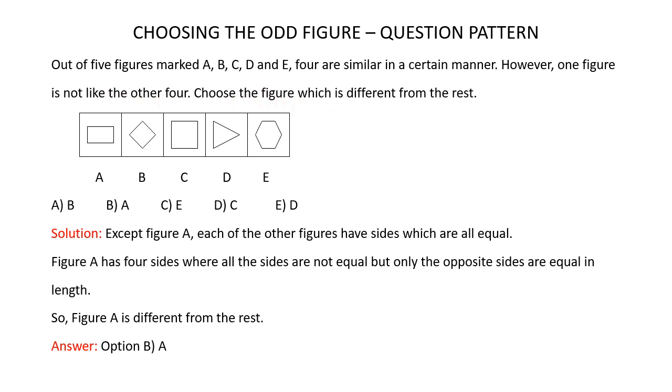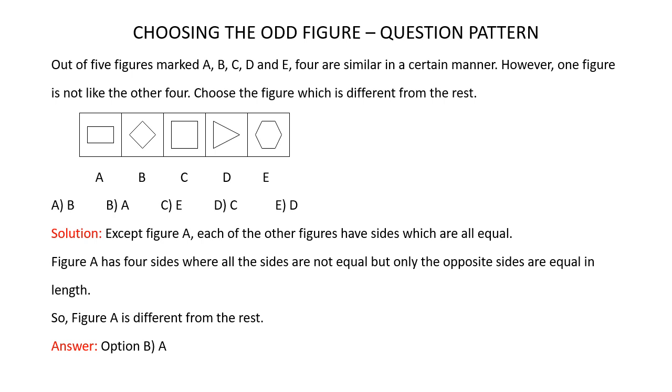Here you are given 5 options and you have to find out which of these options is the correct one. So here you are given 5 figures marked A, B, C, D and E. Out of these 5 figures, 4 figures are similar in a certain manner. However, one figure is not like the other 4. So you have to choose the figure which is not like the other four.